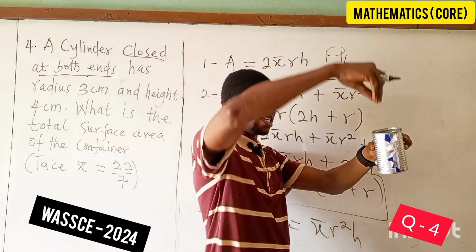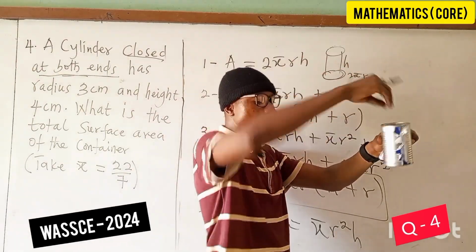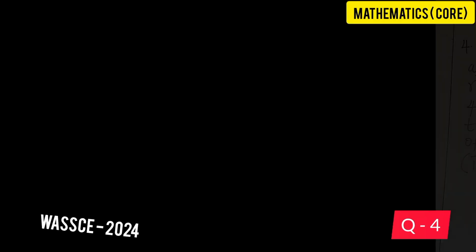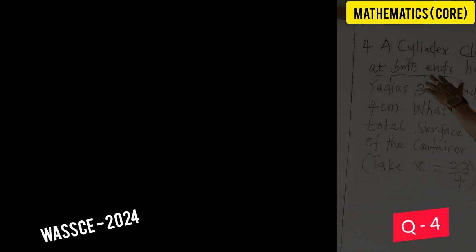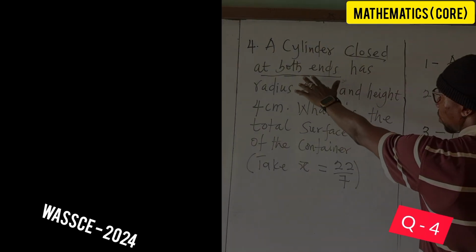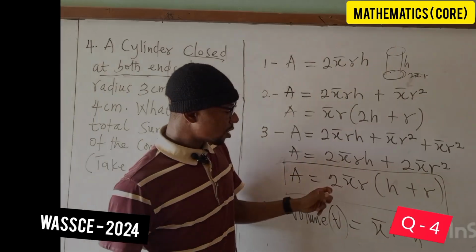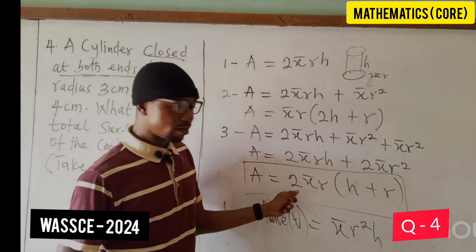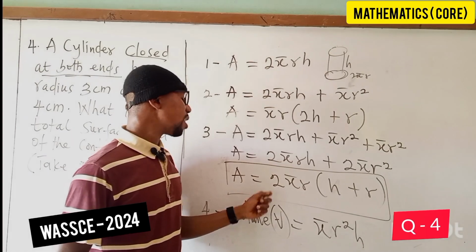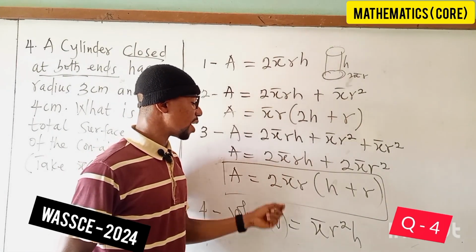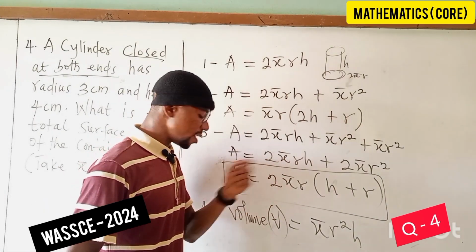So when water or any substance is poured inside, it will sit at the base here. In this particular question, our interest is to calculate the total surface area of the cylinder closed at both ends, so we'll use this formula for the calculation.